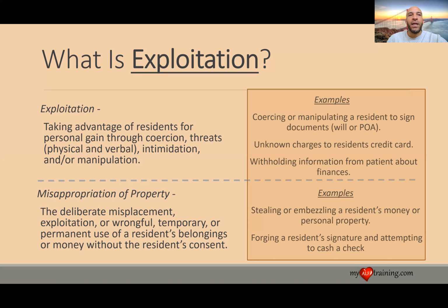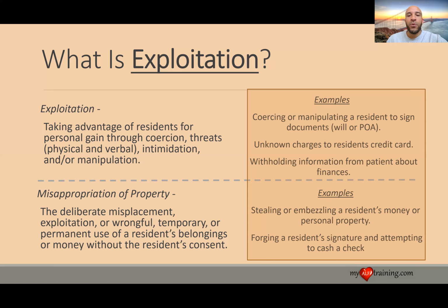It may sound like a small trivial matter, but the patients have rights, as we will get into those rights. And although that may be the patient's son or daughter or husband, if they say they don't want that individual to use the car, and the individual then uses the car, that is an example of misappropriation of property, which is a form of abuse, exploitation to be specific.